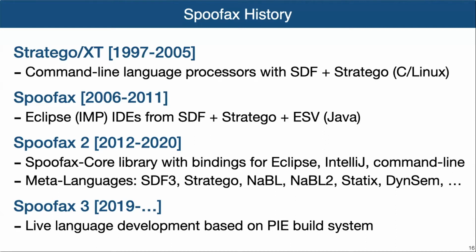And we've been developing more meta languages for static semantics and dynamic semantics, and this is what I will be talking about in this talk. In the meantime, we have started work on Spoofax 3, the next generation, which is incremental from the bottom up, to enable live language development at all levels.